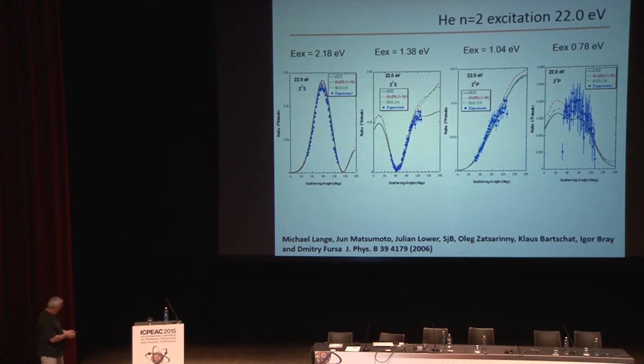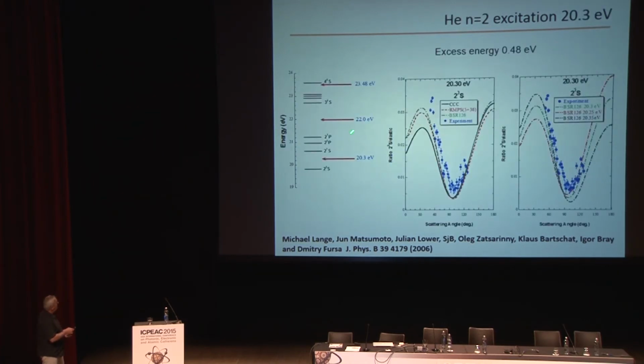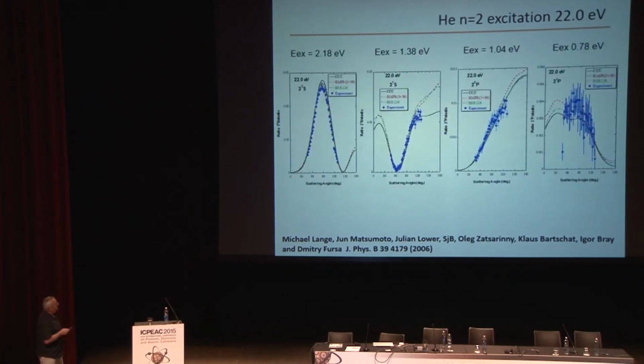A little higher energy, so back here we're at 22 electron volts, we're above all of these 4 excited states. We see, I think, exceptionally good agreement. This is a little bit noisy because the 2 singlet P cross-section starts off very slowly. It's very small at threshold. But in the other cases, we see essentially perfect agreement between experiment and theory for this benchmark system.